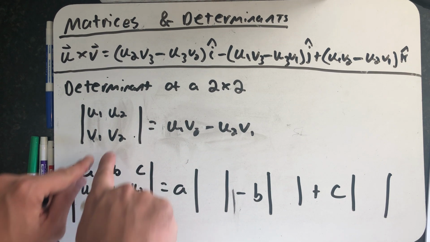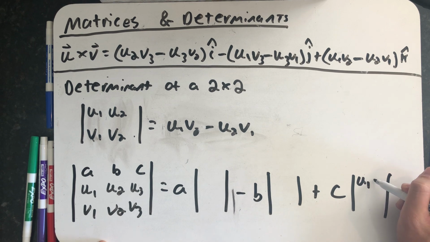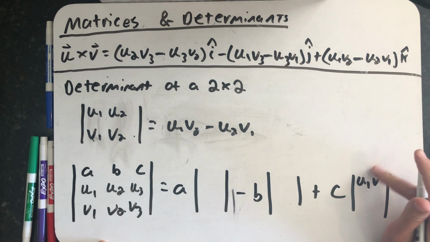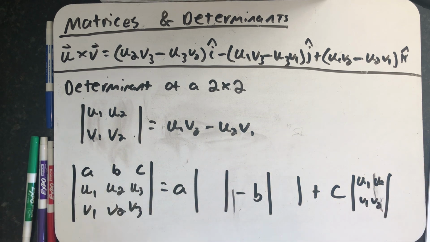And that would give me that little 2 by 2 matrix: U1, U2 on the top row, and V1, V2 on the bottom row.